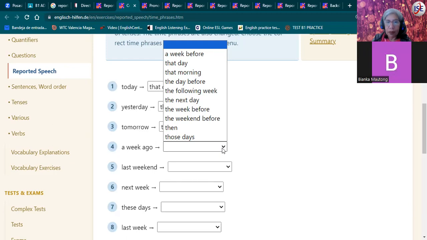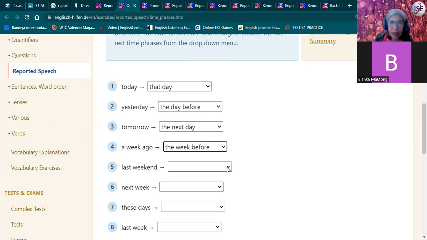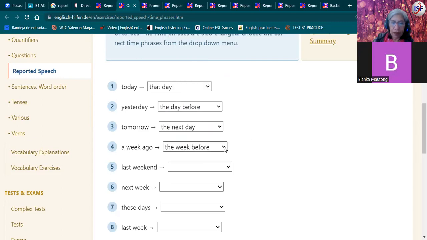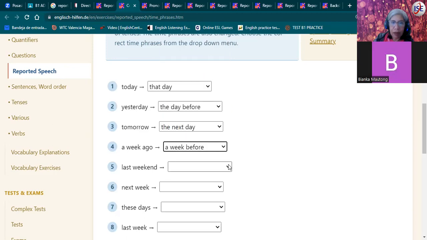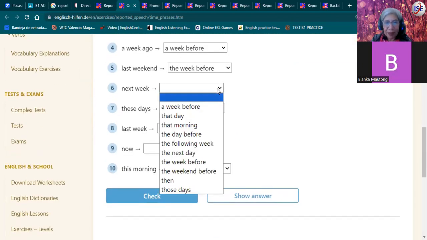A week before. The week before. Last weekend? No, a week ago is a week before. And last weekend is the week before. The week before. Next week?